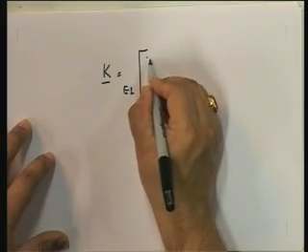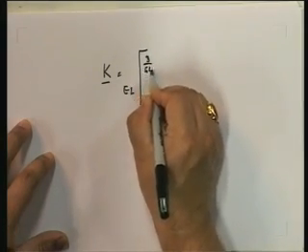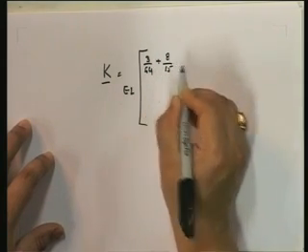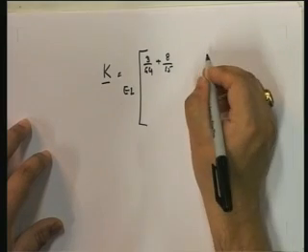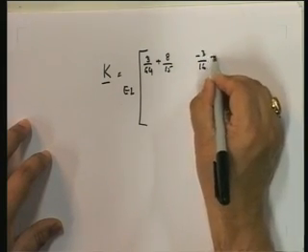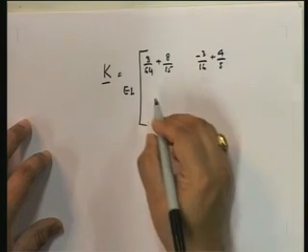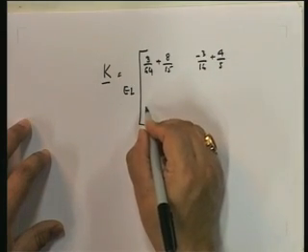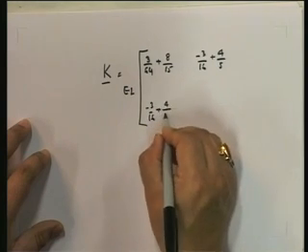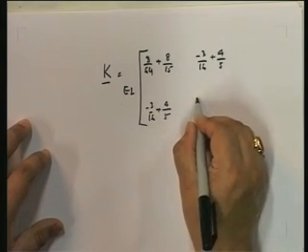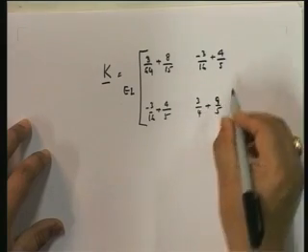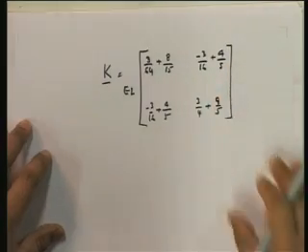So this is going to be 3 by 64 plus 8 by 15, then minus 3 by 16 plus 4 by 5, then again minus 3 by 16 plus 4 by 5, and then 3 by 4 plus 8 by 5.